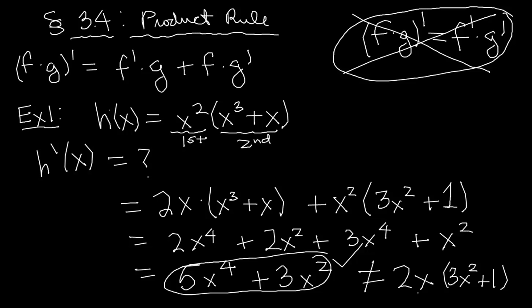And that's going to give you 6x cubed plus 2x. So completely different from what the actual answer is. So I just want you to be clear with that. Don't take derivative of the first times derivative of the second. Okay, so I'm going to erase all this. Let's put up another example. One with slightly more complicated functions.